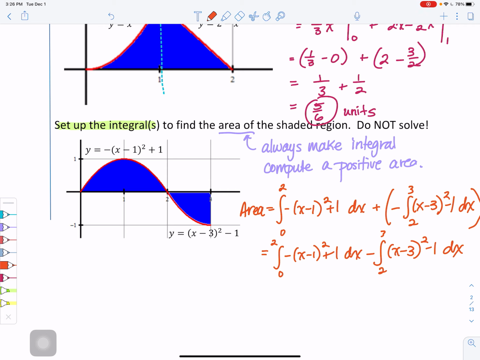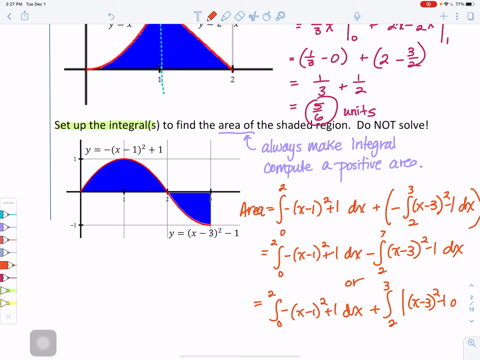Now, let me tell you that you could also take the absolute value of that second graph. So 0 to 2 of the opposite of x minus 1 squared plus 1 dx plus the integral from 2 to 3 of the absolute value of x minus 3 squared minus 1 dx. And that's saying I want total area. Okay? So either way, that will give that to you.